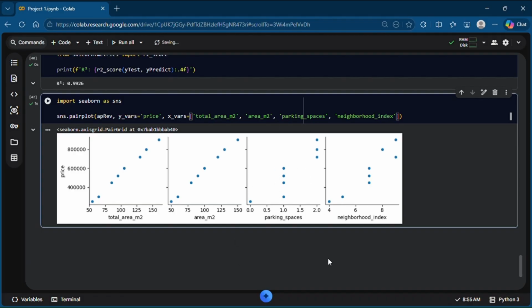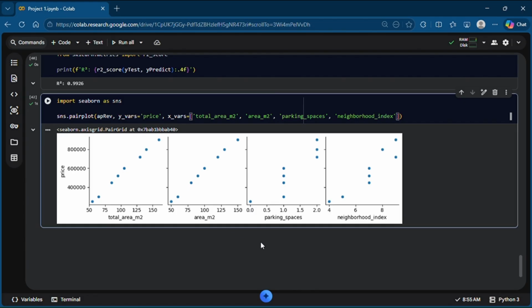And in parking spaces, we have some sets of spaces that vary the price despite no change. I'd say that there is a moment in which the parking spaces don't really matter when associated with the other variables.